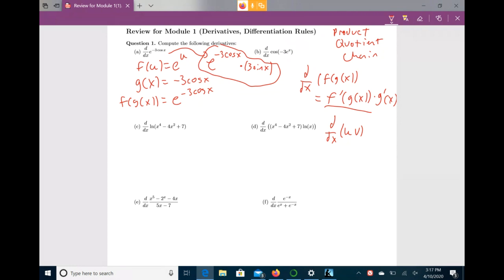Right. Yep. So what's the derivative of the inside function again? Yep, exactly. Good.